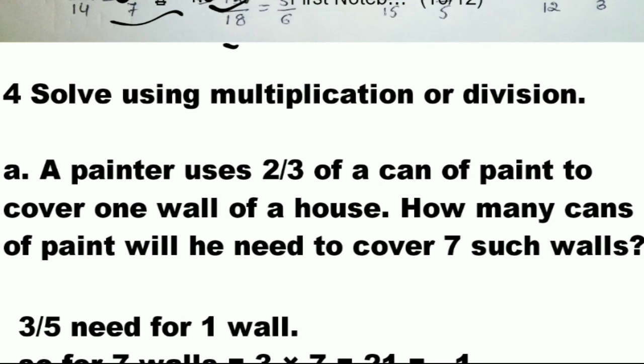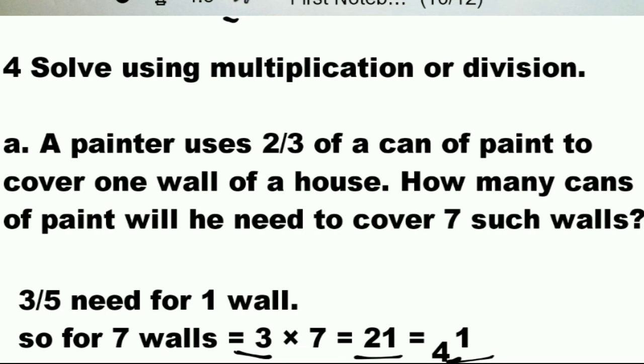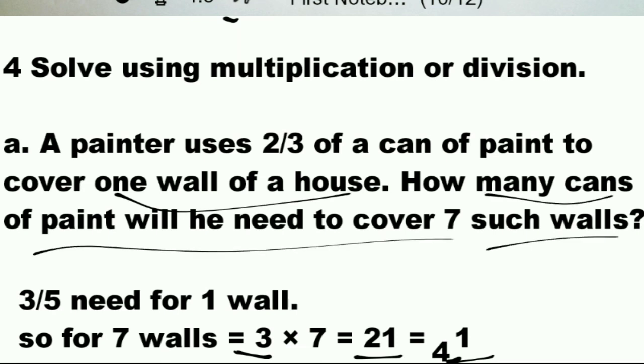Next, solve using multiplication or division. So we can read the question first. As per the question, we can use addition, multiplication or division. A painter uses 2 by 3 of a can of paint to cover one wall of a house. How many cans of paint does he need to cover 7 walls?